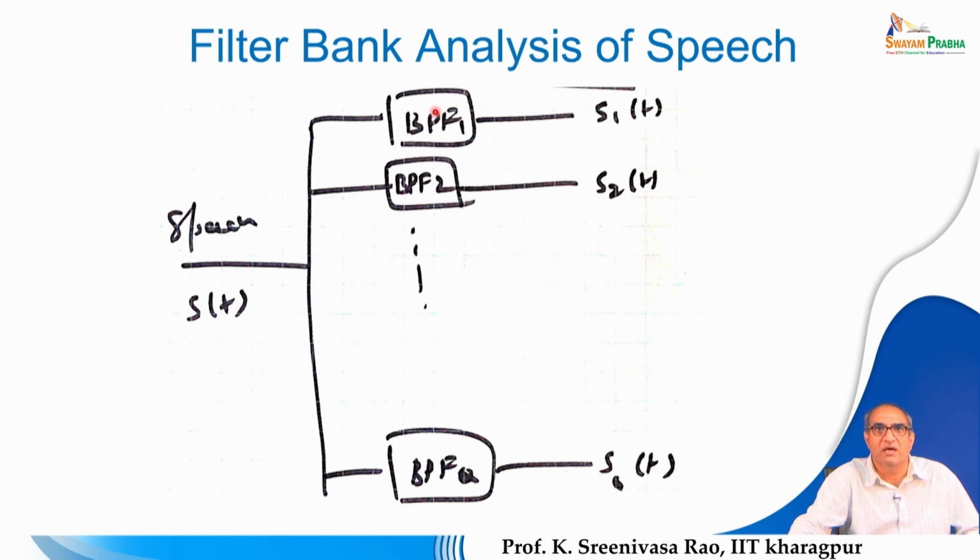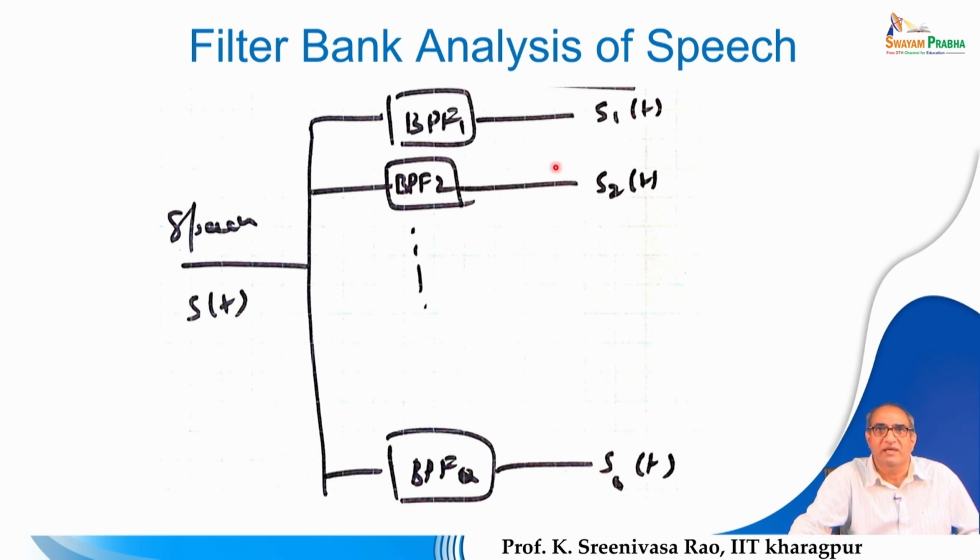In that case, if you analyze the outcome of the first filter, the frequencies you observe will be 0 to 500, the next will be 500 to 1000, the third 1000 to 1500, and the last one 3500 to 4000, right.